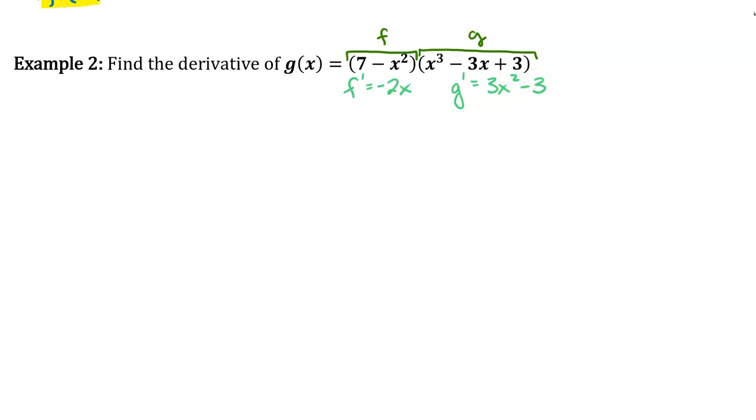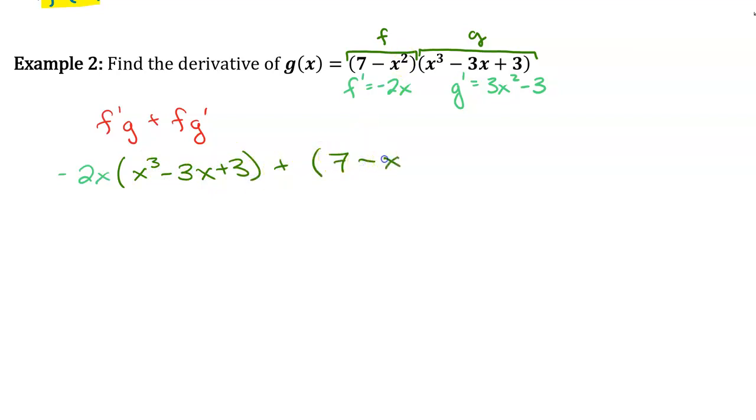Okay. And now we can use our product rule. So f prime g plus f g prime. So let's do this section by section. So negative 2x for the f prime times g, x cubed minus 3x plus 3, plus f, 7 minus x squared, times g prime, 3x squared minus 3.